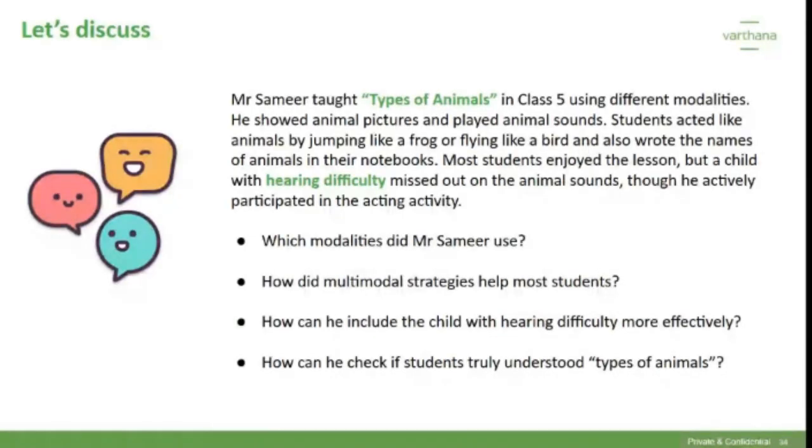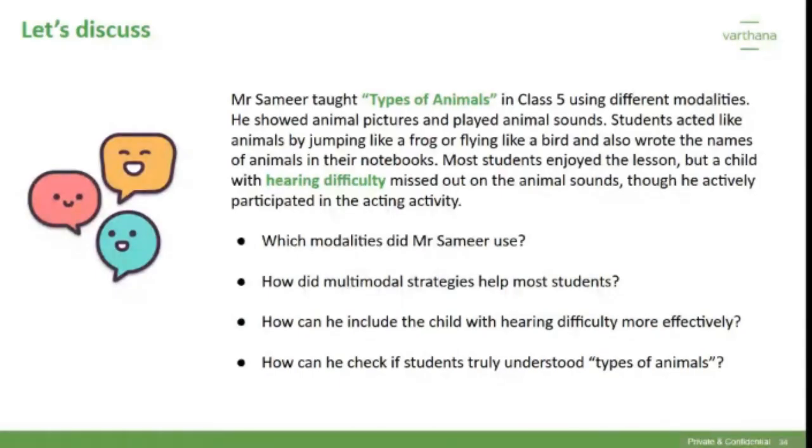How can he include the child with hearing difficulty most effectively? He can't hear the sounds, right? So he can use flashcards, or words or pictures of that animal being acted, and then the child will be able to see and understand, not just by hearing the sounds.